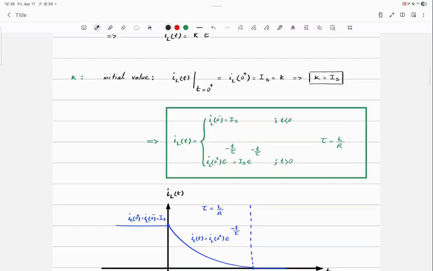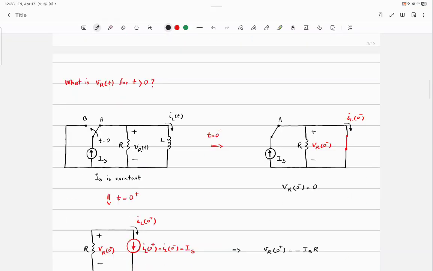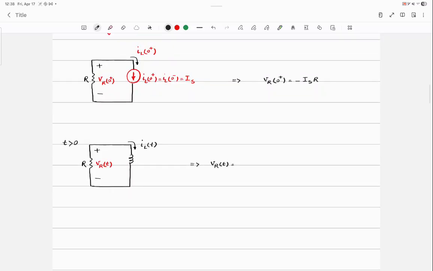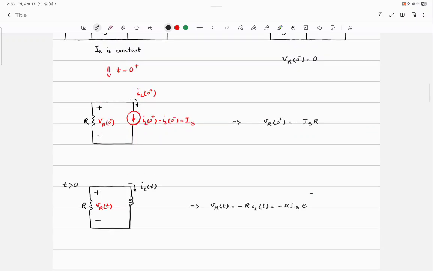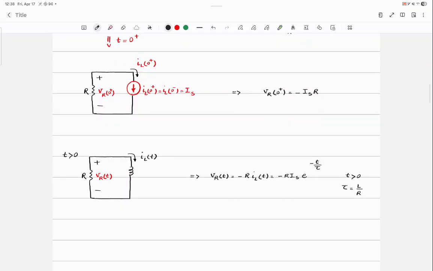So if I have ILT, what is VRT? Minus R ILT, right? Now substitute ILT from the previous equation, which is negative R IS e to the power of negative t over tau. Remember that that is for positive time, and tau is equal to L over R. Okay so far?